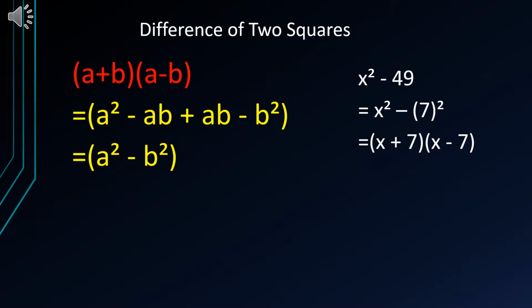From the factorized expression, we can see that the difference of two squares can also be defined as the product of the sum and difference of two numbers.